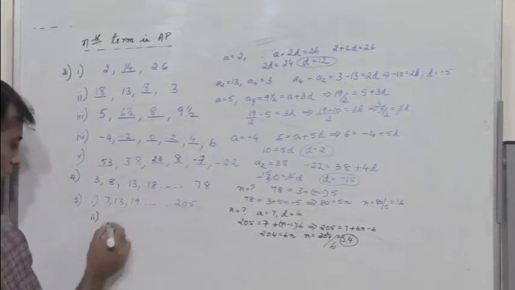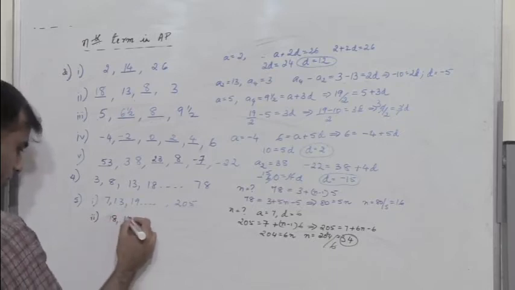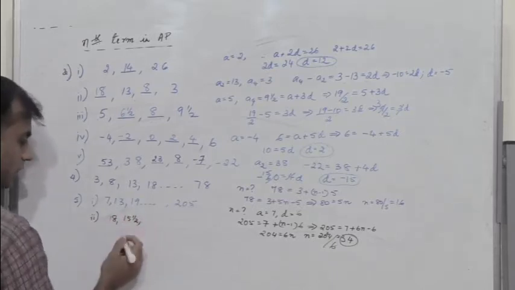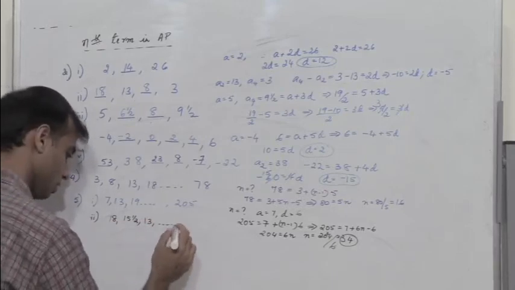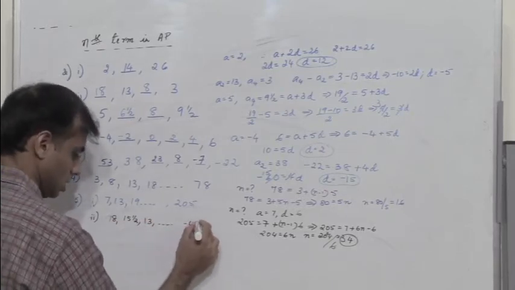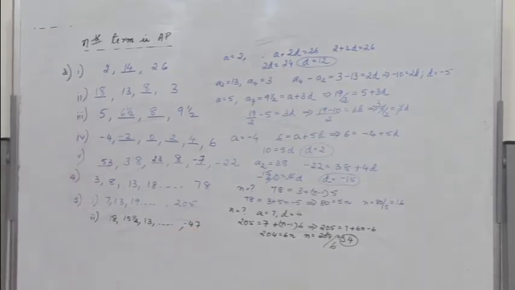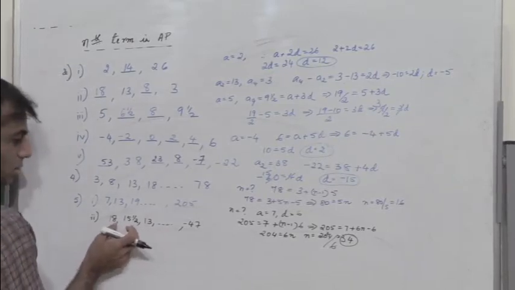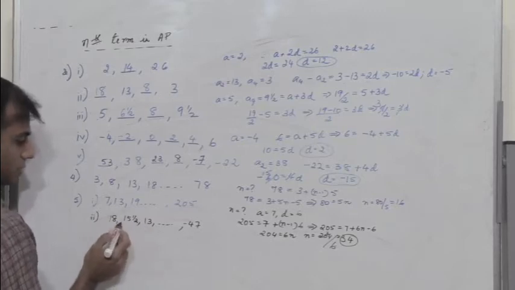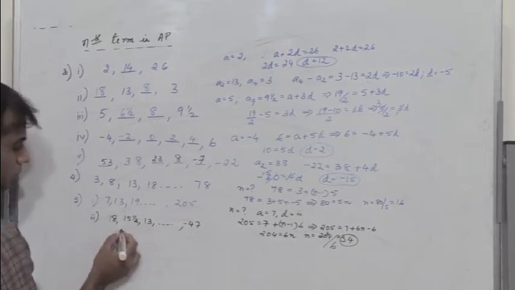So we have the second one, 18, 15 and a half, 13, and then it goes on. And the last term is minus 47. So we need to find the value of n. A is 18 and d is, you observe, so what is the value of d?